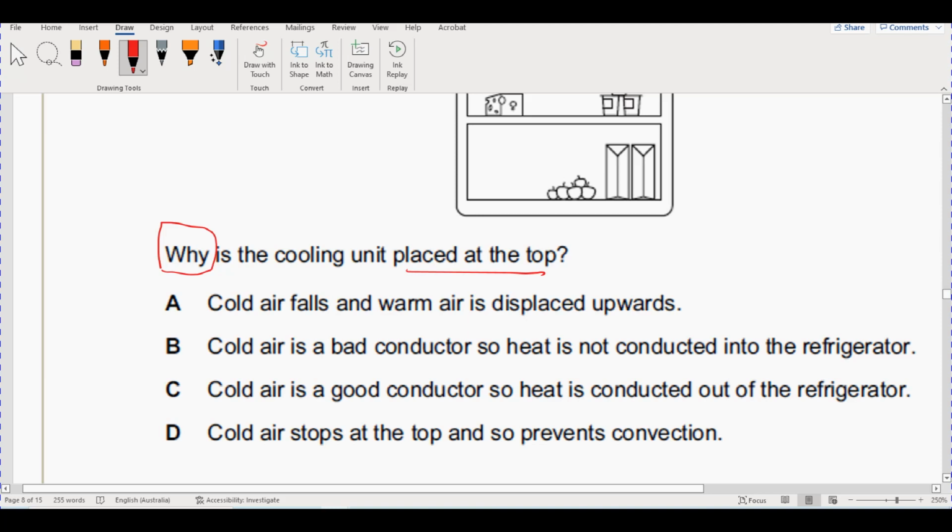Oh no, it's not about conduction at all. Although air is a poor conductor as we know, it's not relevant in this case. Cold air stops at the top, so it prevents convection. No, cold air won't stop at the top. It might stop at the bottom, but not the top. So A is the answer.